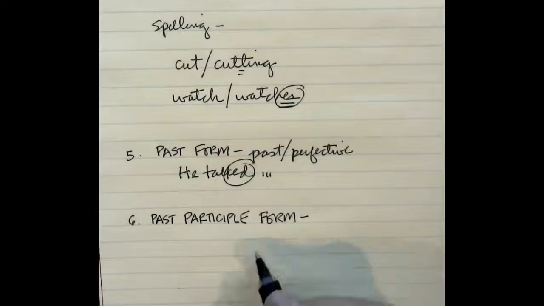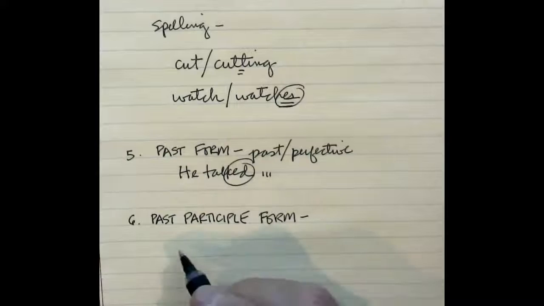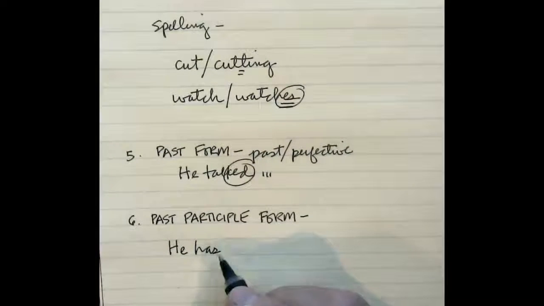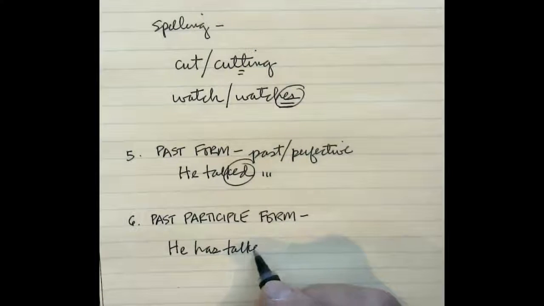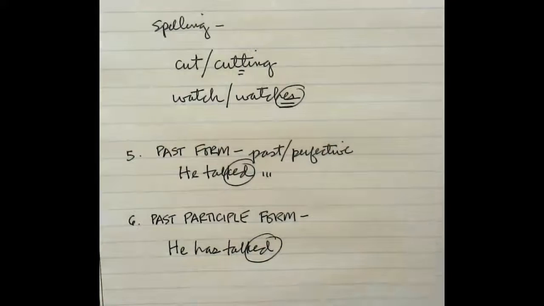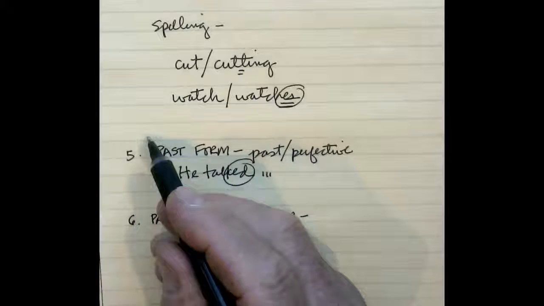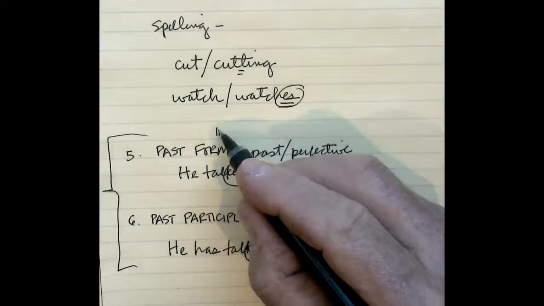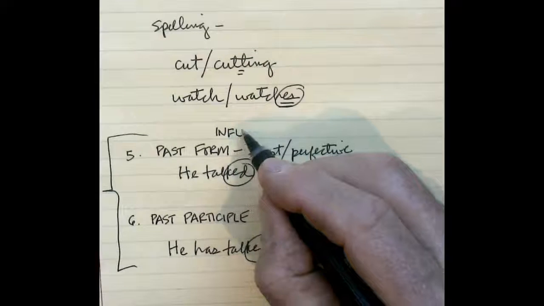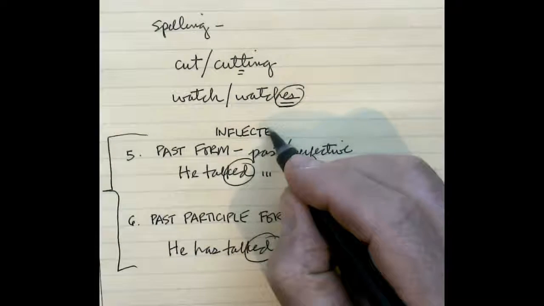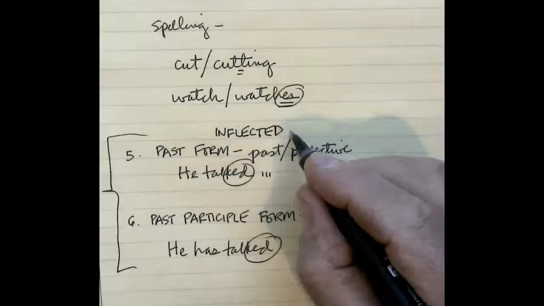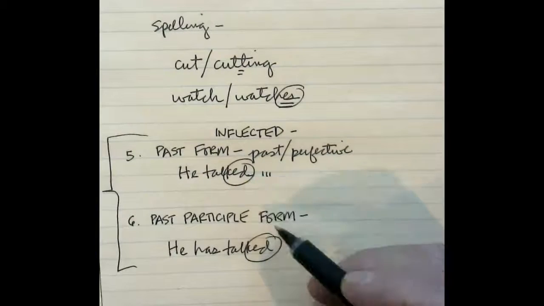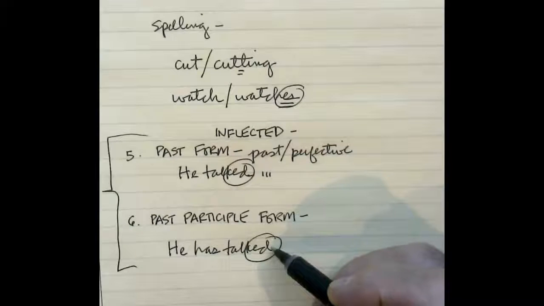And the past participle will also look the same. He has talked on the phone. So both of these verbs are inflected, and they're inflected with ed to show past and ed to show past participle.